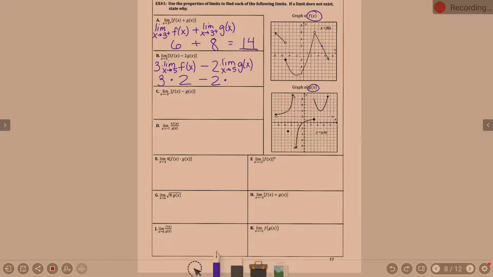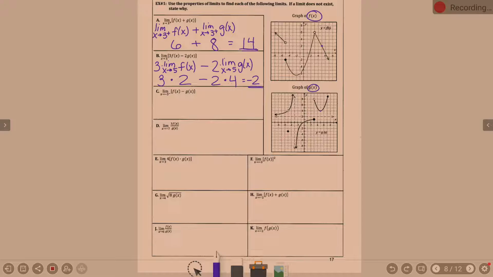Right there at 4. Three times 2 minus 2 times 4? Negative 2. Are we feeling okay about this so far? Yeah. Okay, stop me if I need to.